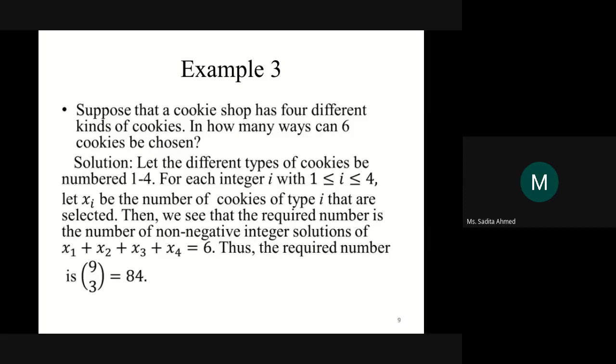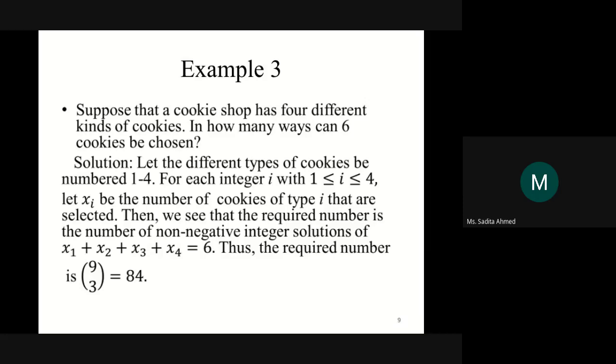Okay. Now, what if, let's say, you have 3 boxes of toys, okay? So from there, let's say we have 3 types of toys. From there, you're allowed to choose 9 toys in total.